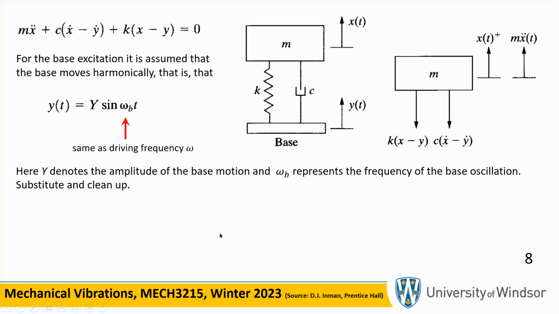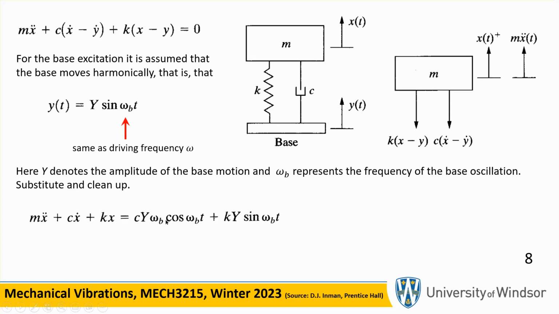Big Y is the amplitude and omega b is the driving frequency. So we're going to take this and stick it up there. We're going to take this Y and put it up there because there's nothing unknown about this Y. Everything we know, we put it up there and we clean up. We're going to get this: m x double dot plus c x dot plus k x equal to a right-hand side.